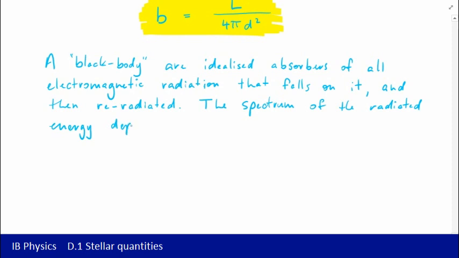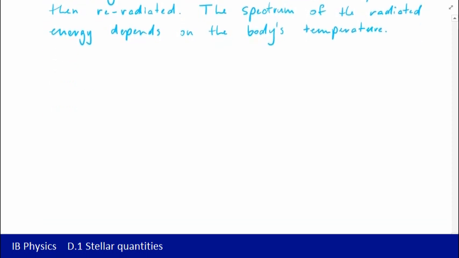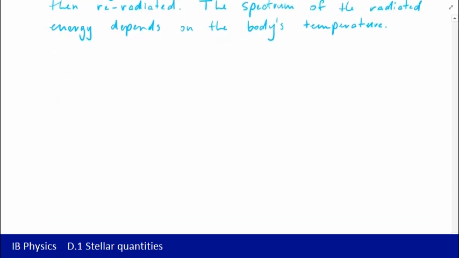So that's an important thing to consider when we're dealing with stars, and the reason for that is that the spectrum depends on the body's temperature. The reason it's important to relate to stars is that we can consider stars to be fairly good approximations to black bodies.